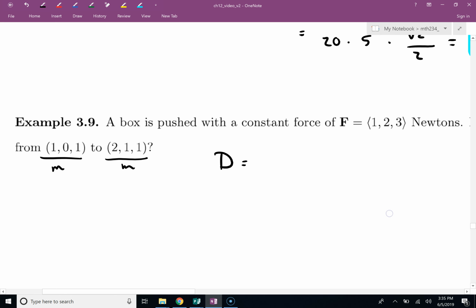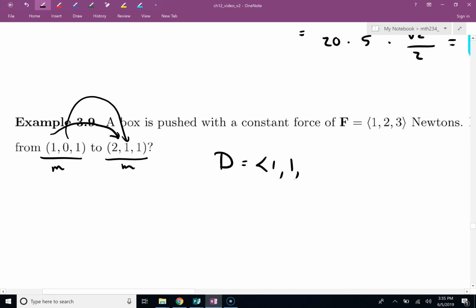With the displacement vector, you can write down another formula if you'd like, but I like to think of it intuitively. Looking at the first component, if you start at 1 and end at 2, how much were you displaced? We moved 1. Likewise, if you start at 0 and end at 1, we took 1 step.